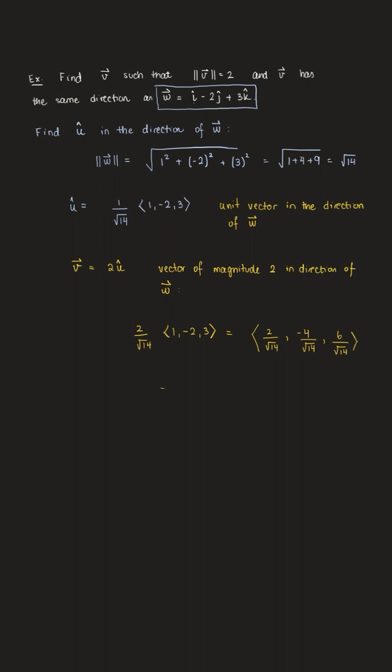So we could also write this vector as 2 over root 14 i hat minus 4 over root 14 j hat plus 6 over root 14 k hat. So just some different representations of the same vector that has magnitude of 2 in the direction of w.